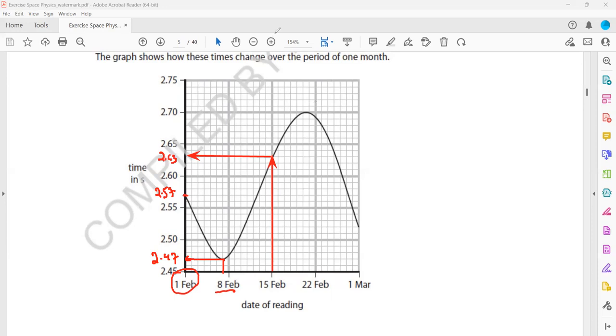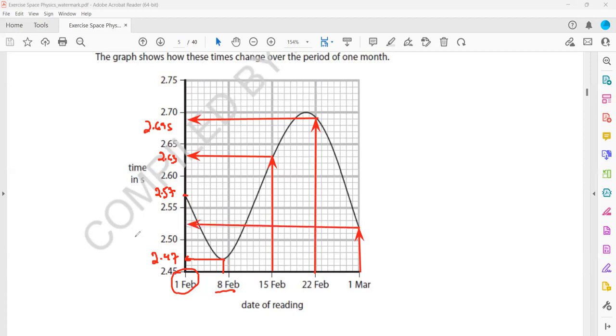On 22nd Feb, it was taking about 2.69 seconds to bounce back. On 1st March, it was taking 2.52 seconds.